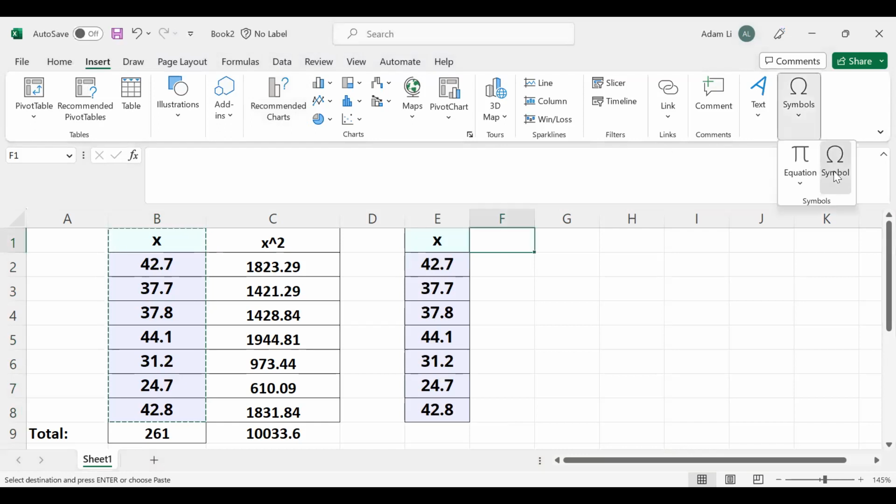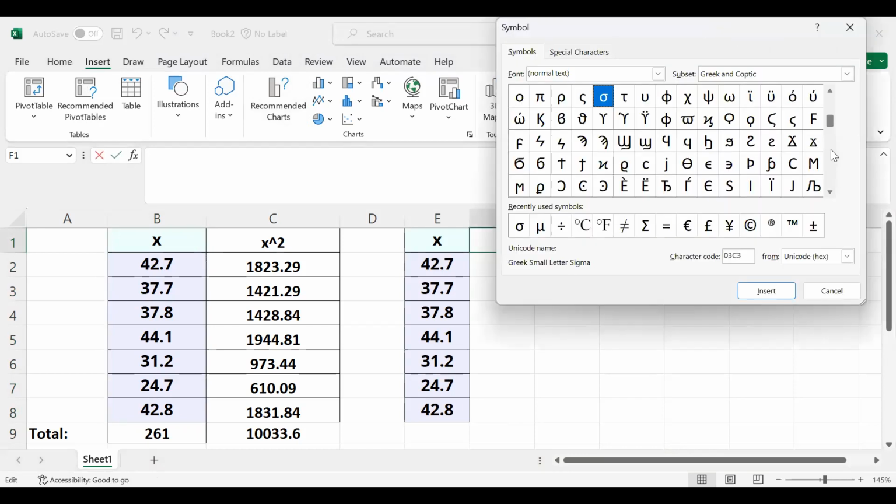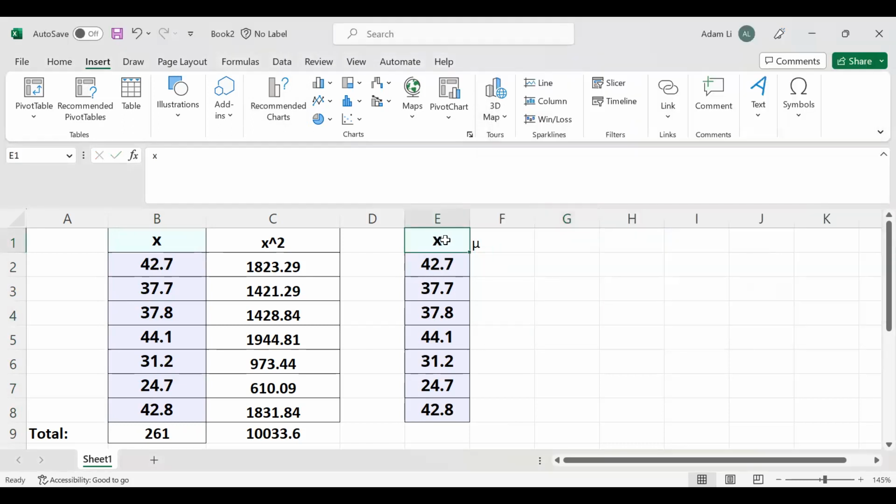You're going to locate the mean, mu, in the symbols. Where's the mu? It's right here. Insert that. Okay, the mu, and then the last one is x minus mu squared, right?